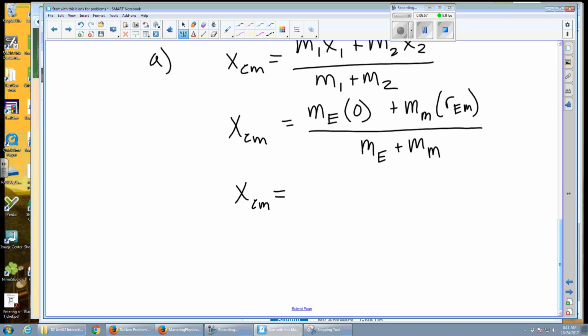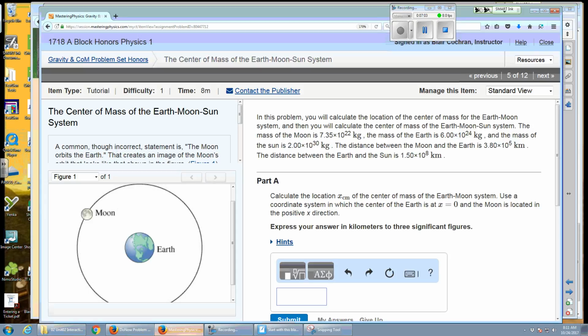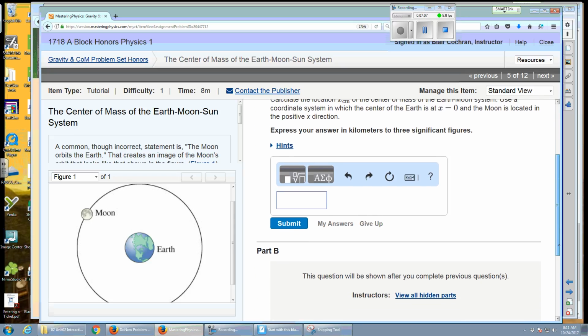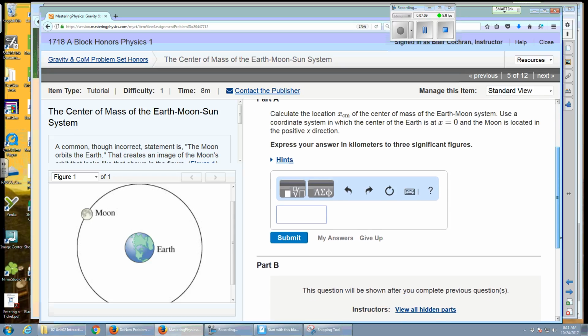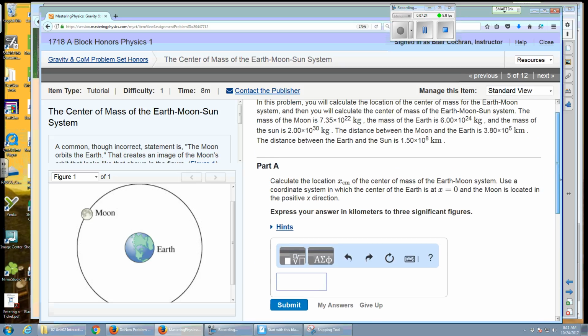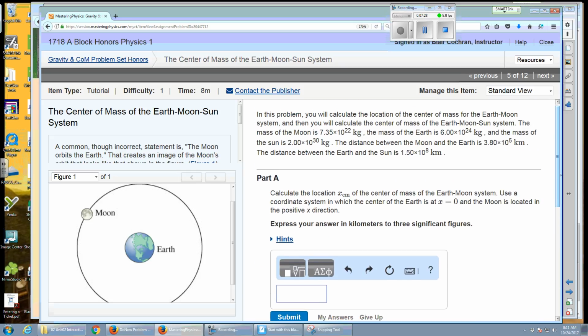The only thing we want to be careful of, we want to make sure that we look at what units we are going to give our answer in. I'm going to guess that they're going to want meters. Nope, answer in kilometers, thanks. So I'm going to leave that radius in kilometers because that will let me end up with kilometers, right?